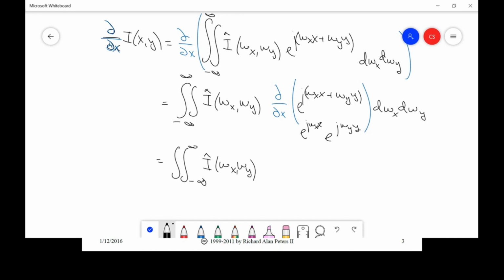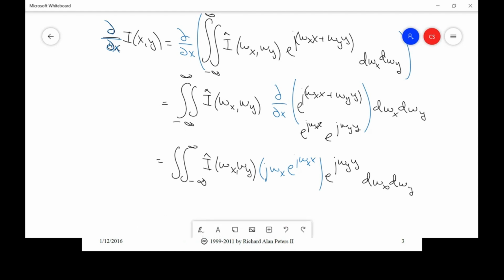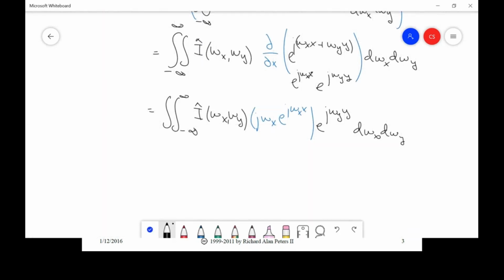Now we differentiate that one with respect to x, and that derivative is j omega x times the exponential. Then we regroup the terms.